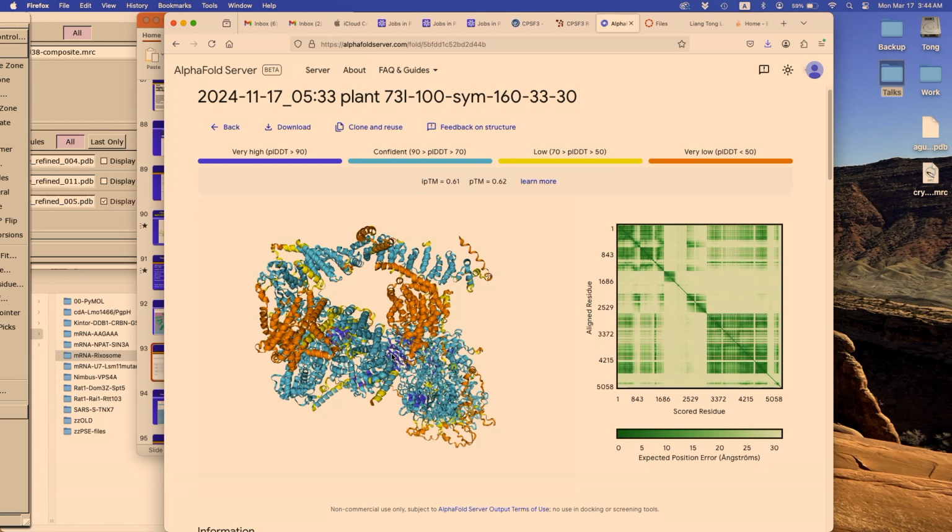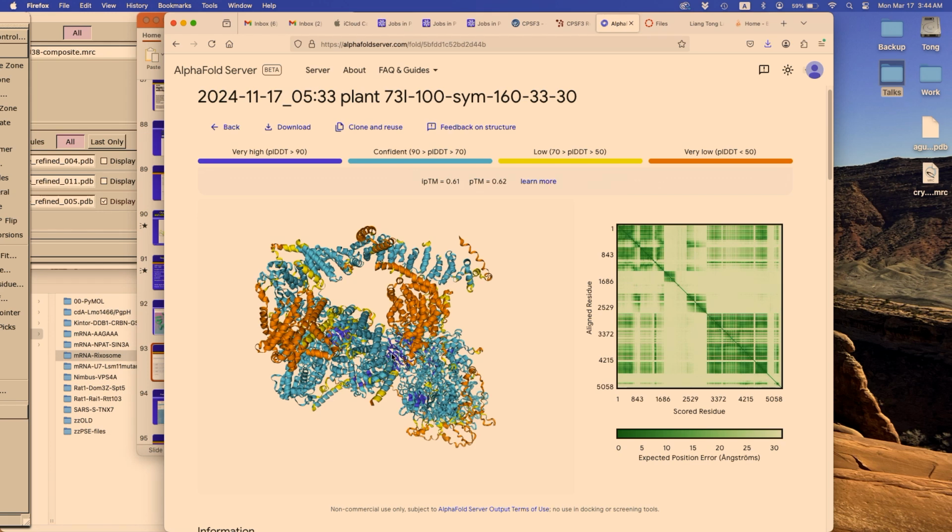Sir, and what parameters are these sequences predicted with? Yeah. So these are colored based on pLDDT, but there are many other values that come out. So there's also ipTM, an interface pTM. That number should be high as well.